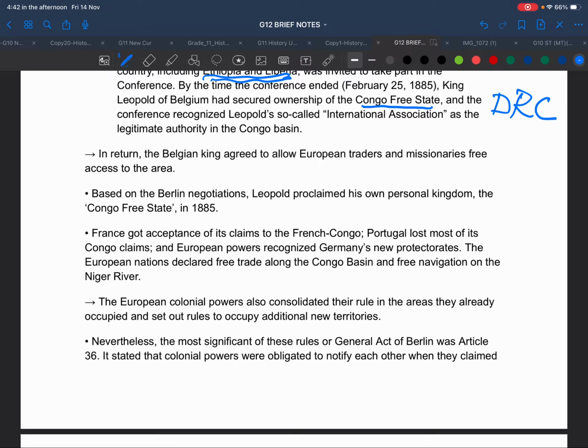Rather, it was a private colony, privately owned by King Leopold of Belgium. Therefore, the Berlin Conference gave recognition to Leopold's International Association as the legitimate authority, meaning all the rest, Britain, France, every country of the European continent who wished to have colonies in Africa gave recognition to King Leopold.